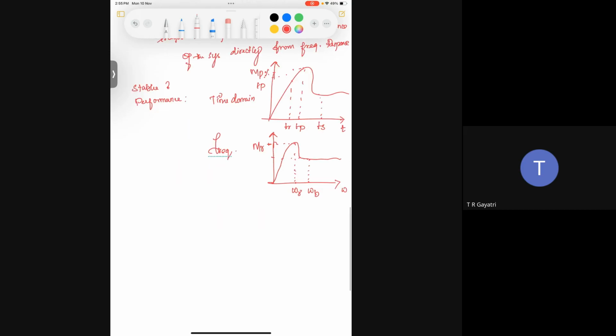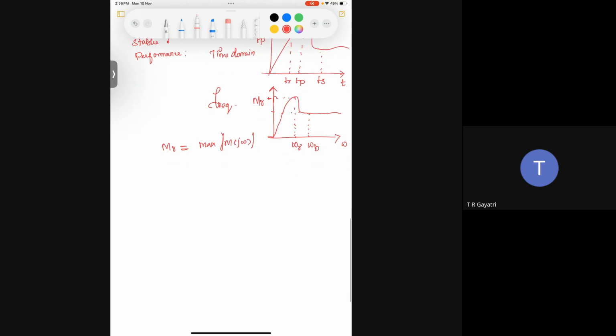Mr, these are important formulas that we will use later. This is the maximum value of the magnitude of M of j omega. That's the resonant peak at which the maximum value occurs in your frequency response, and the frequency at which this resonant peak occurs is the resonant frequency.